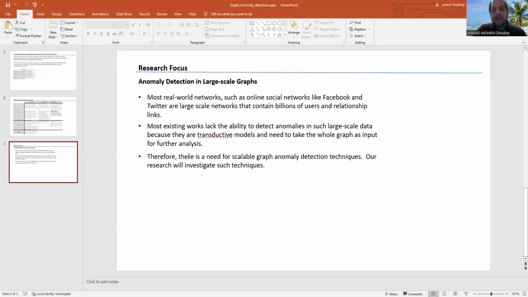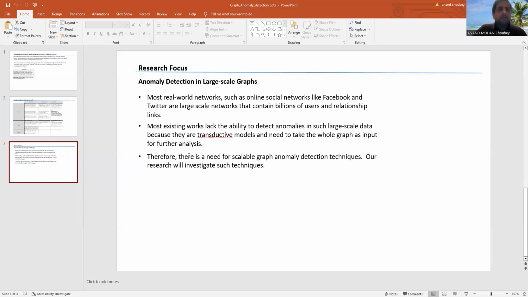Most existing works lack the ability to detect anomalies in such large scale data because they are transductive models, meaning the whole graph is used as input for analysis. Therefore, there is a need for scalable graph anomaly detection techniques, and our research will investigate such techniques.